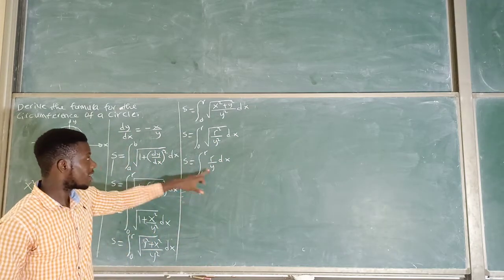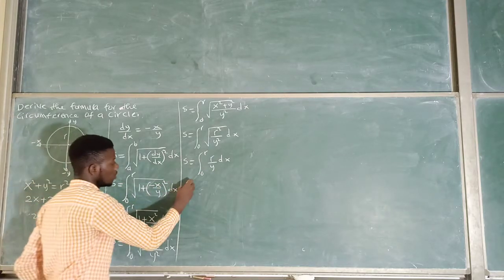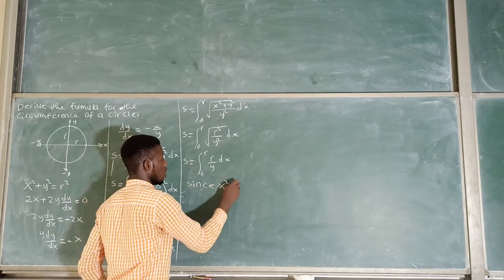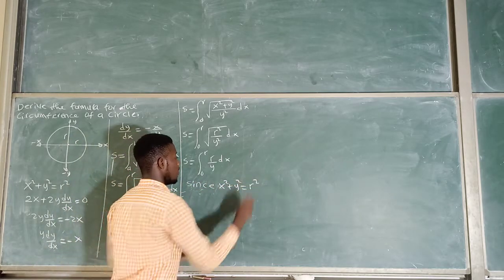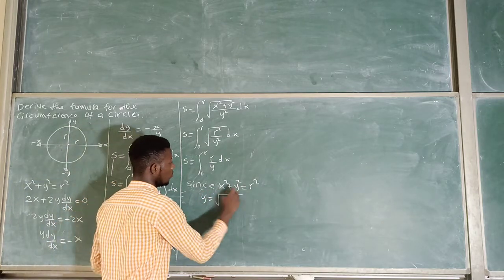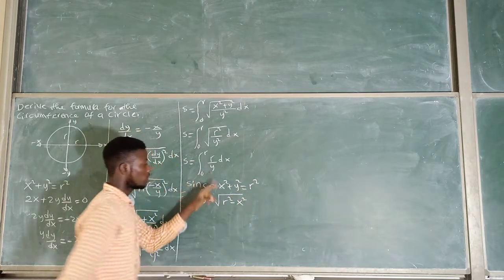So what is my y? From this equation, x squared plus y squared is equal to r squared. So since x squared plus y squared is equal to r squared, I can solve for y. y will be equal to the square root of r squared minus x squared. This will be my y.